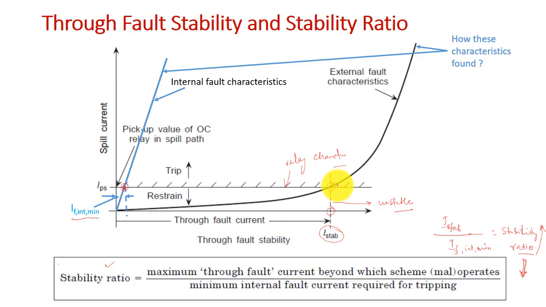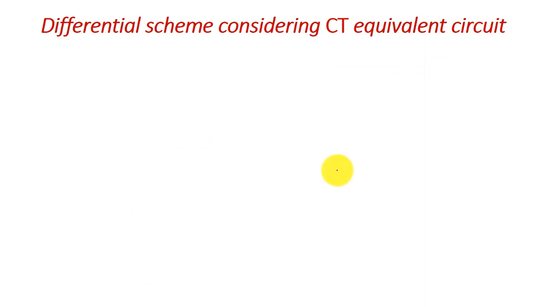Just by considering the CT ratio error and the phase angle error, we can find this. Let us see the magnetization curve of the CT and other aspects, then we can easily understand how we can obtain this. So, differential scheme considering CT equivalent circuit.